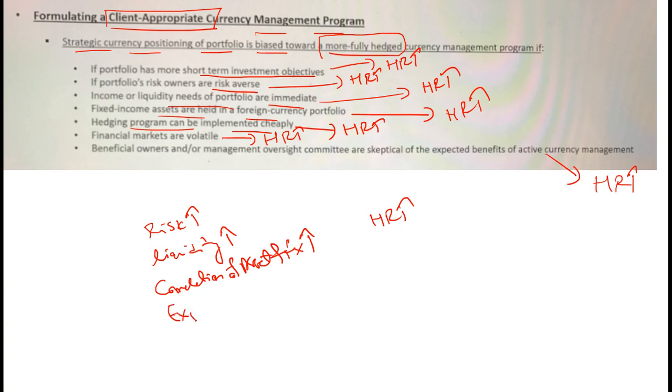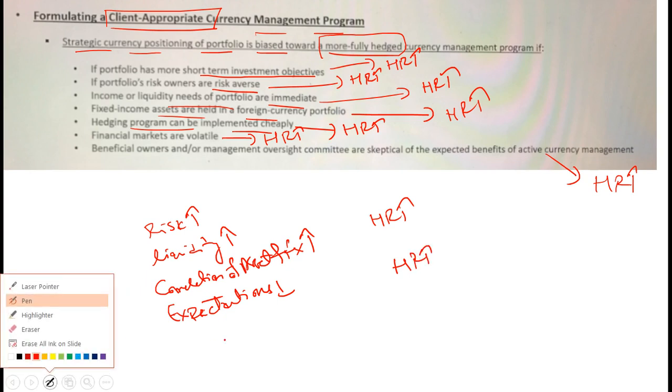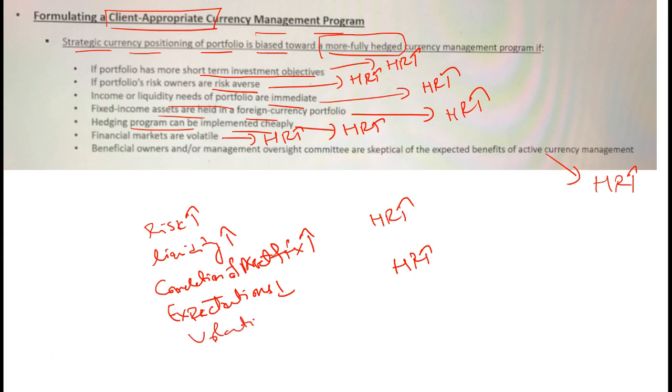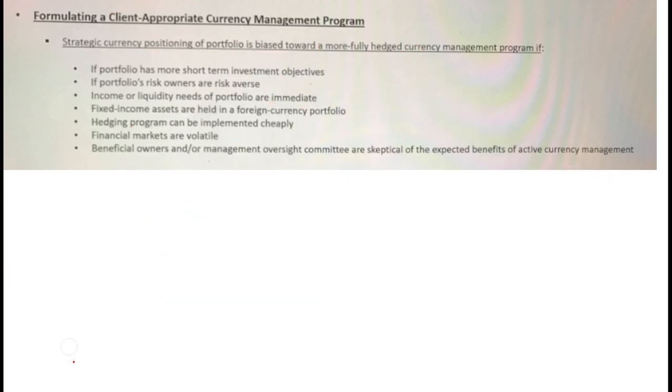If expectations are weak, again risk is high, so you take a high hedge ratio. If volatility is high, that again means risk is high, and when risk is high, you take a high hedge ratio. So this is how you decide on the hedge ratio.